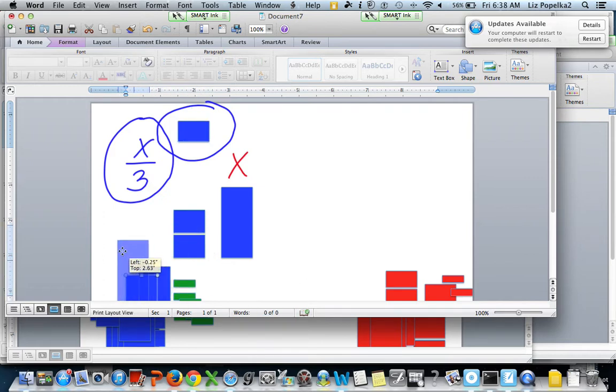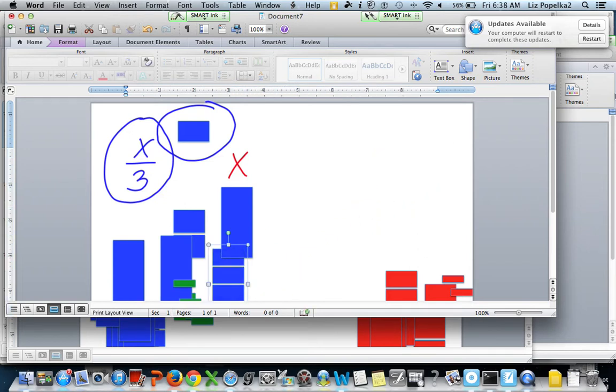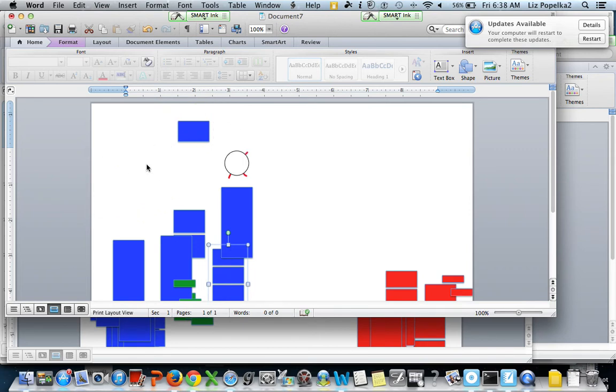While we're at it, how about we do a model of another example, just to make sure that it makes sense to us. Let me get rid of all this extra junk here. Let's make a model of x divided by 2.